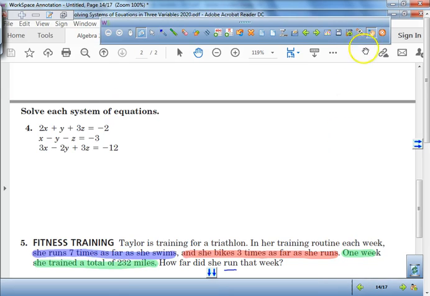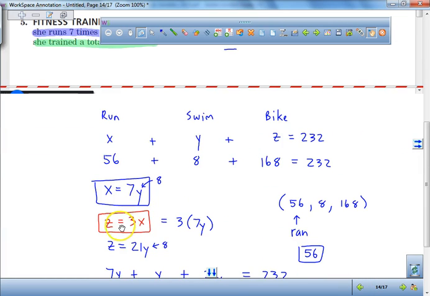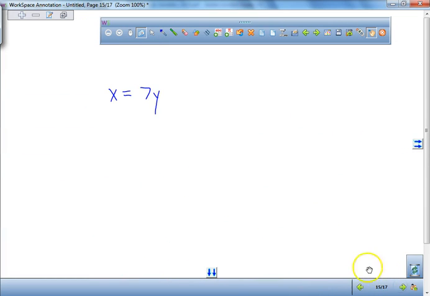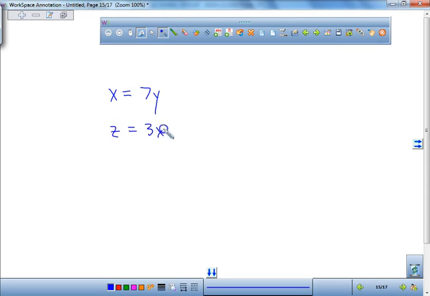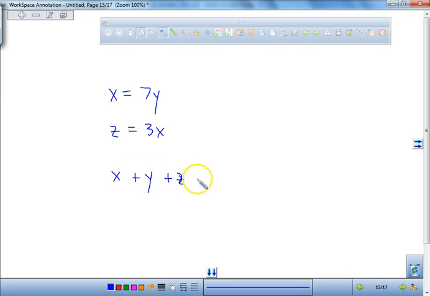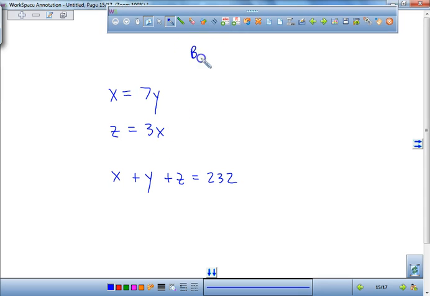Z equals 3x. And then x plus y plus z equals 232. These are our 3 equations that I want you to write down. And we need to teach you guys how to build a matrix based off of these.